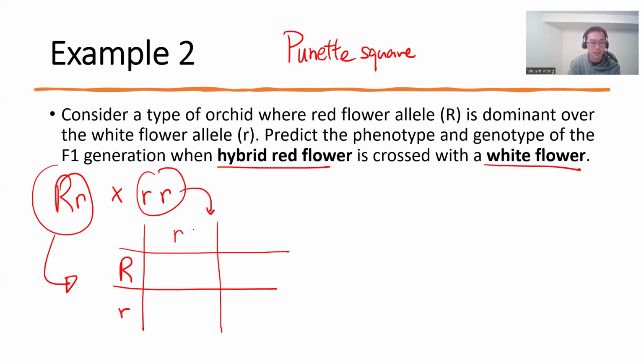And over here, it's just small r and small r. So if this combines with this one, we're going to have big R, small r. If this combines with this one, also big R, small r.